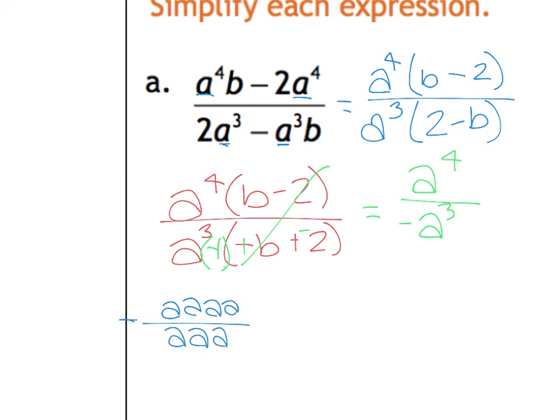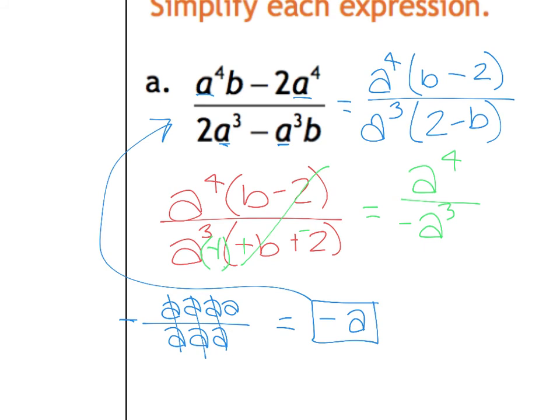We still have that negative out front. Remember, a to the fourth is just a times itself 4 times, and a to the third is a times itself 3 times. So these 3 sets will cancel out, leaving us with just 1a. We still have the negative out front, so we end up with negative a. That's what this whole thing simplifies down to.